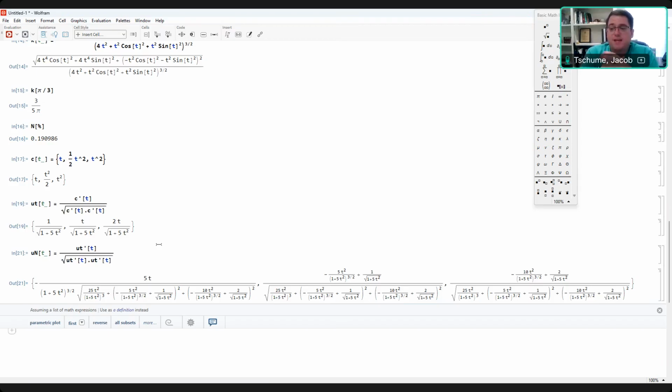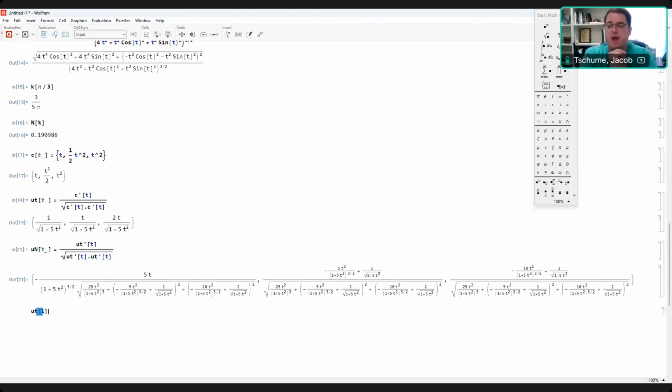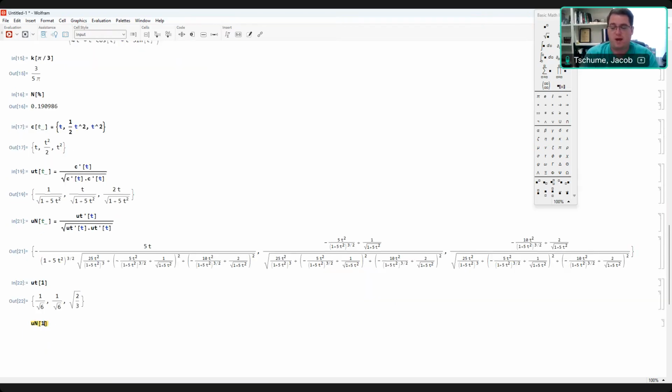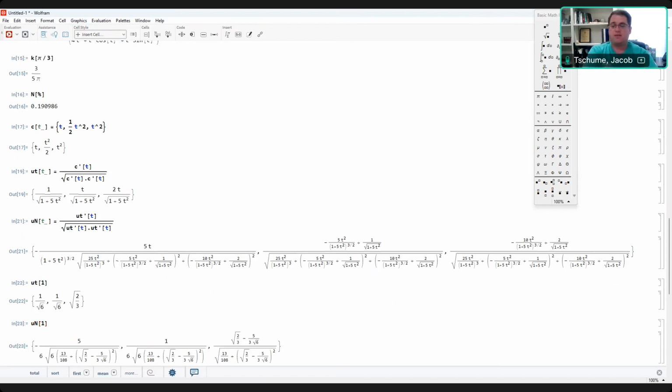Now at this point, if I'm asking you to evaluate it at a certain value, you can do that. So if I wanted to find the unit tangent value at 1, I could say, what is ut of 1? It would be 1 over root 6, 1 over root 6, root 2/3. Or if I wanted to find the unit normal at 1, we could do the same thing.